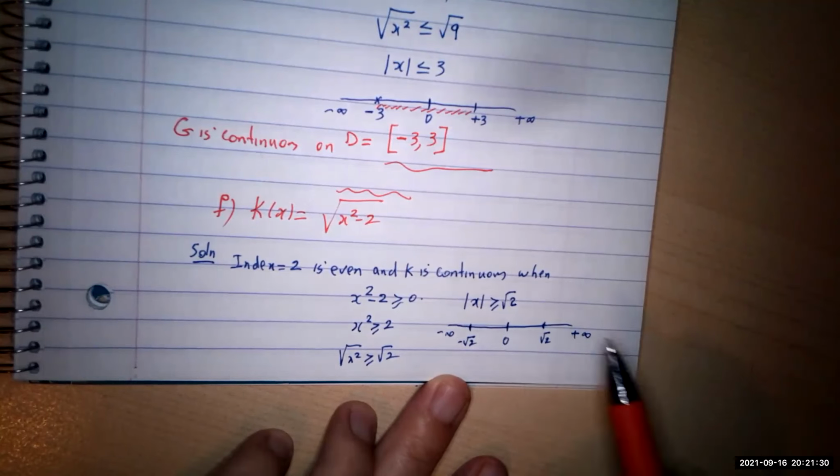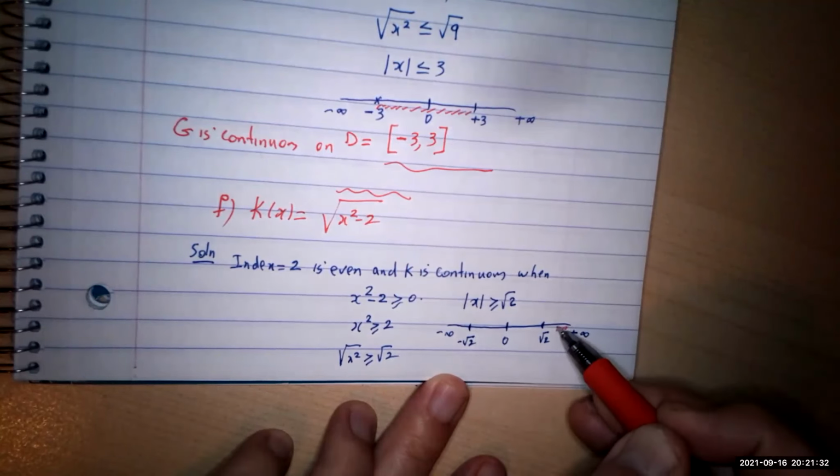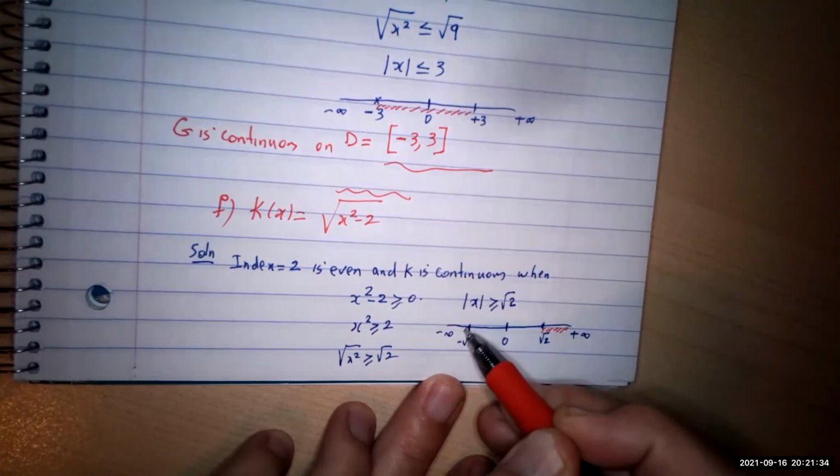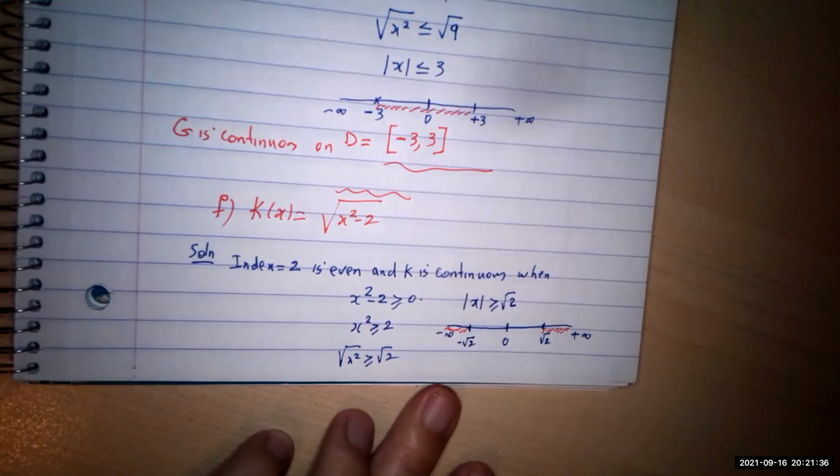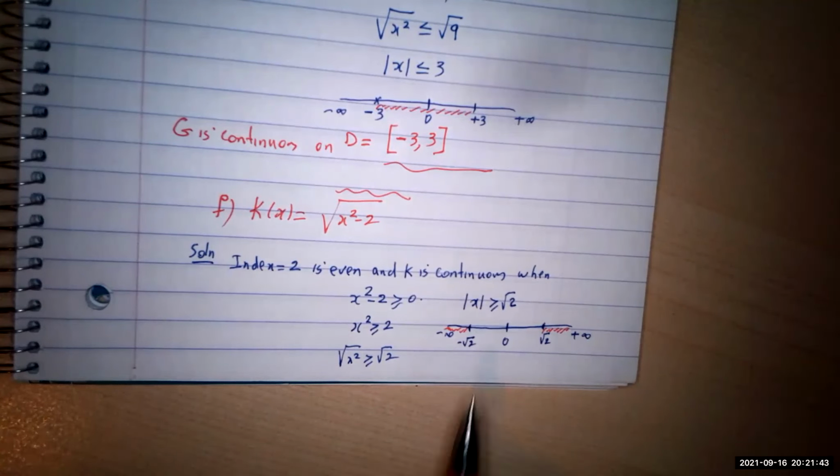So the complement is going to be you are either here or you are going to be here. See, that's the difference between these two problems that you got to be careful. When it's greater than, you are going to be between negative infinity and negative radical 2, or between radical 2 and positive infinity. But if it was less than, it would be between negative radical 2 and positive radical 2.